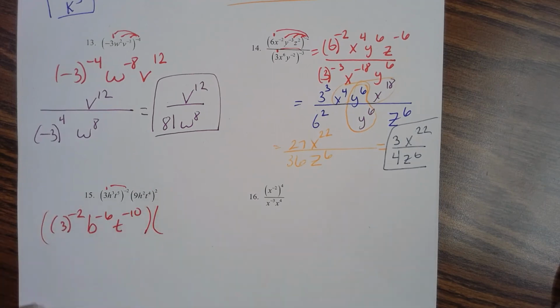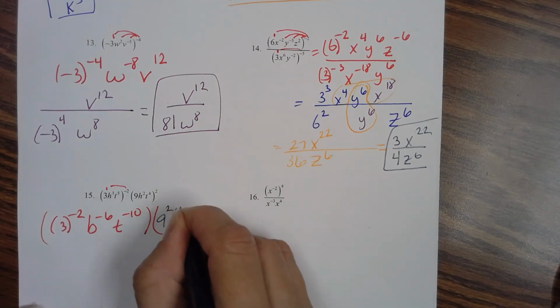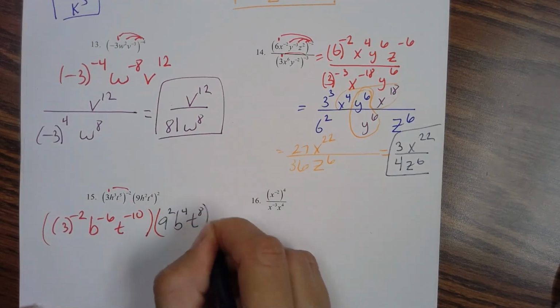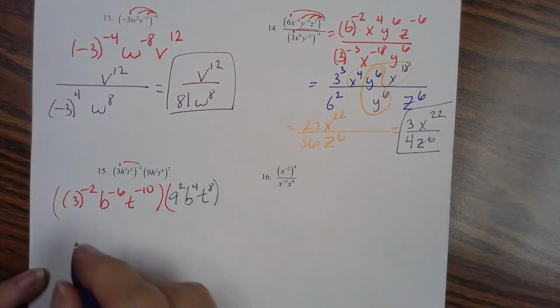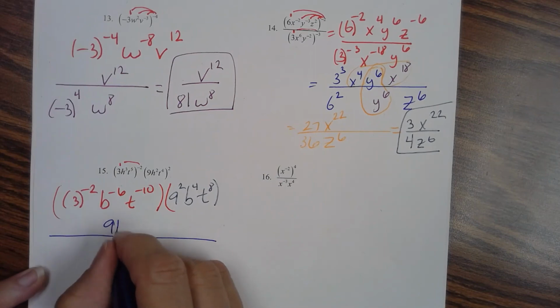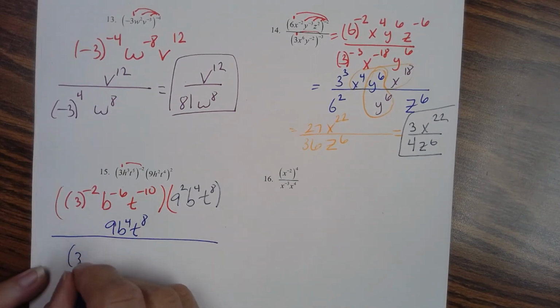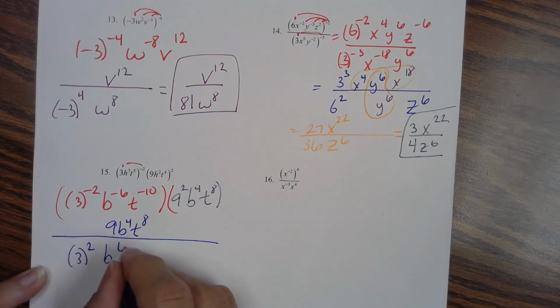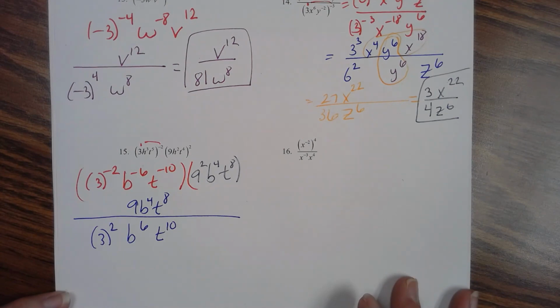Now we're going to multiply all that, distributing your power. We get 9 squared, h to the 4th, t to the 8th. Any negatives need to go down. So we have 9, h to the 4th, t to the 8th stays on top. 3 squared goes on bottom, h to the 6th goes on bottom, and t to the 10th goes on bottom.